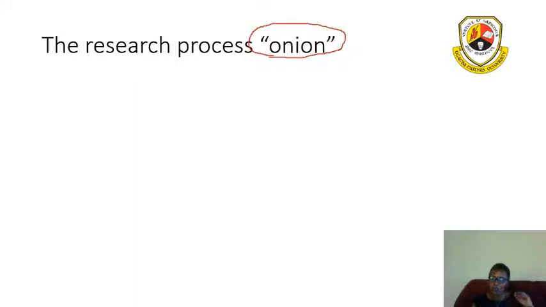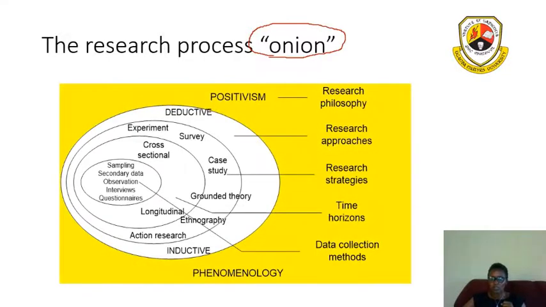So although we looked at the research process in our previous lecture, this was more stating the steps that one takes. But what I'm going to go through now is the scientific side of things. So here on this slide, we have a diagram with an image of a kind of onion with several layers.